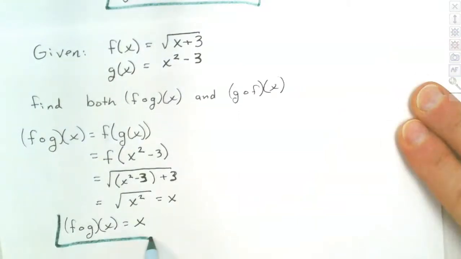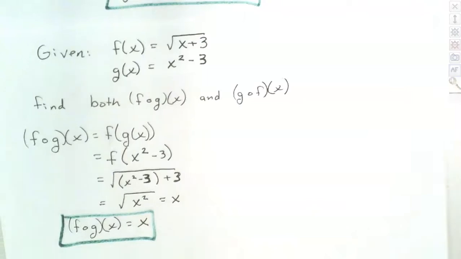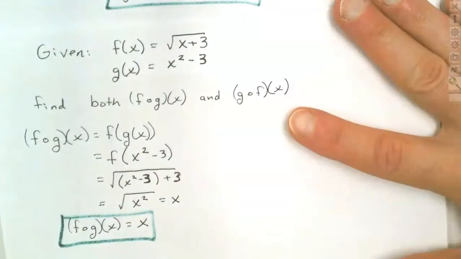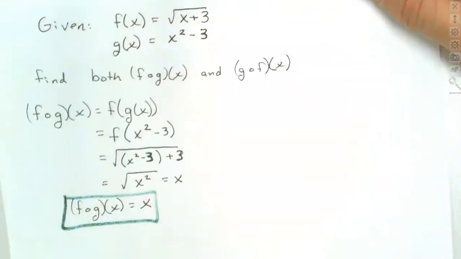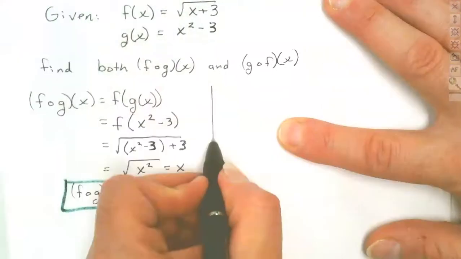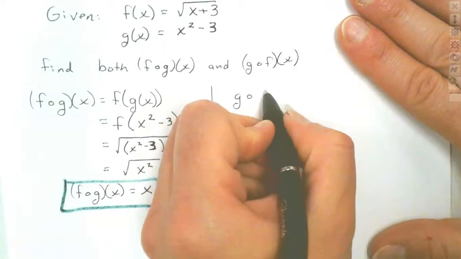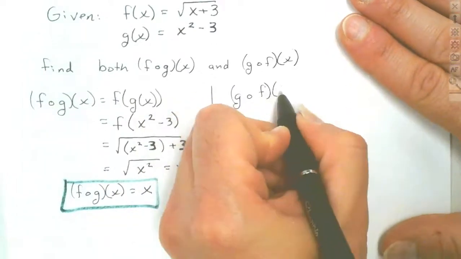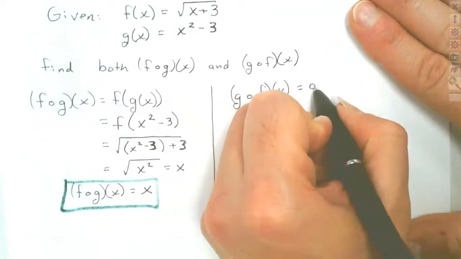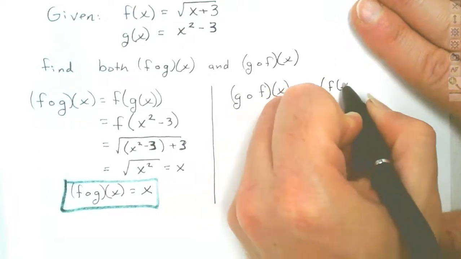Now let's see if the opposite is true. Let's see if we get the same x on the other one. So let's try g composed with f of x, which is g of f of x.